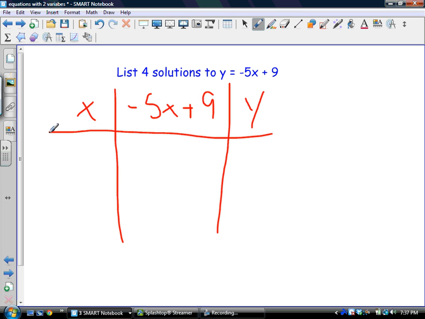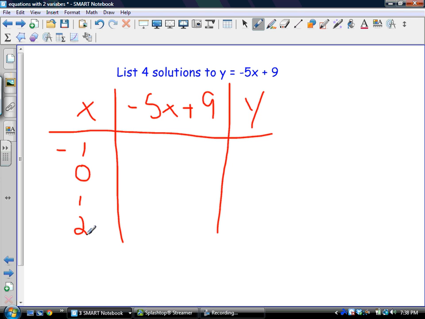And I'm just going to pick 4 x's to plug in. Now, some people do this and they're like, oh, let's put in 50 or 100 or 1,000, which is perfectly fine. You can do that, but you're just going to make it harder for yourself to solve this and simplify. So I would just choose 4 easy ones, like maybe a negative 1, a 0, a 1, a 2, numbers like that.